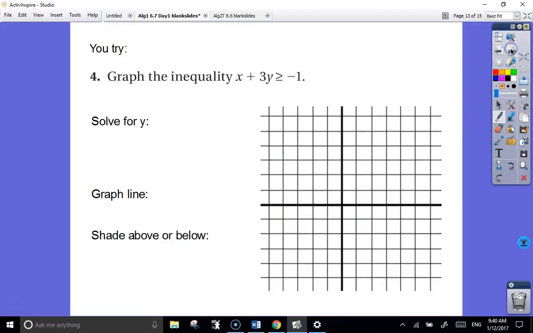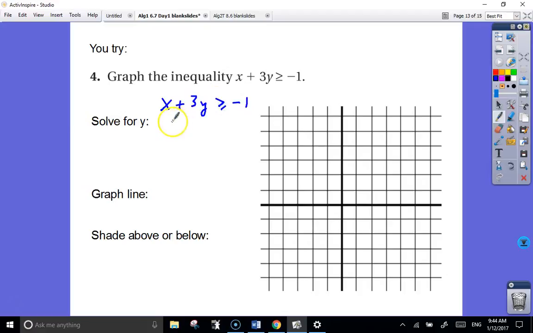I think I've got one for you to do. So you try to do this one, probably in that way. Solve it for y first, graph that line, solid or dashed, shade above or below. Okay, here we go. x plus 3y is greater than or equal to negative 1. You have to solve that for y.